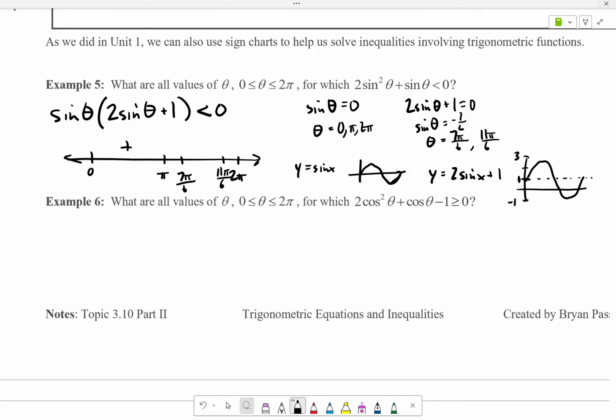Do you see what happens in this sketch? It's vertically stretched by a factor of 2. I also want you to notice that it crosses that axis. You know what these 2 values are right here? Yeah, we know what these are. This one is 7 pi over 6, and this one is 11 pi over 6.